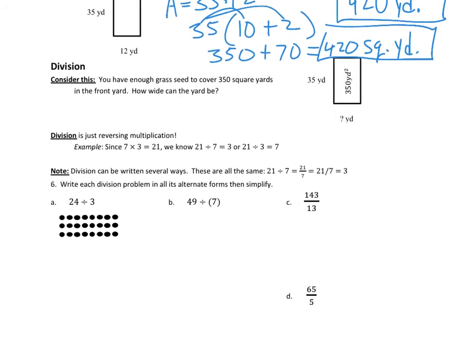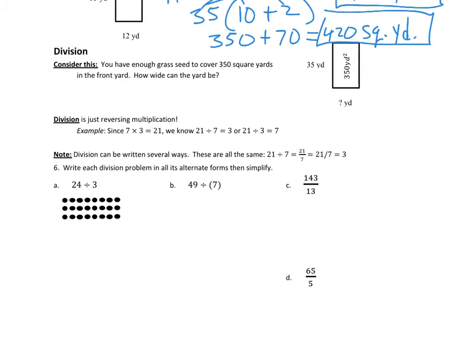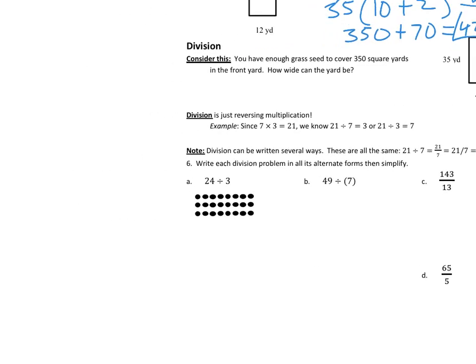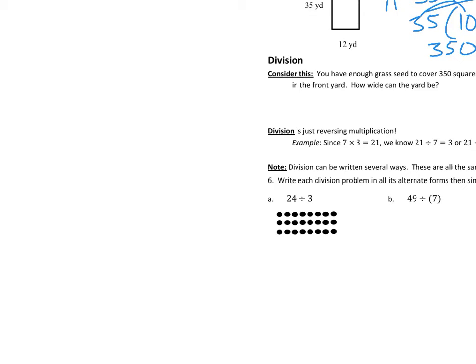All right, division is the opposite or the inverse of multiplication. Okay, so keep that in mind. It's just the opposite. So if we know that 3 times 7 equals 21, then if I take 21 and I divide it by 7, that means kind of breaking it into groups of 7.